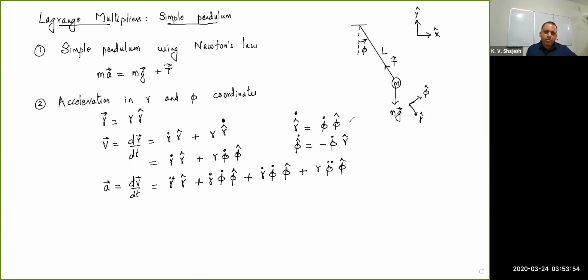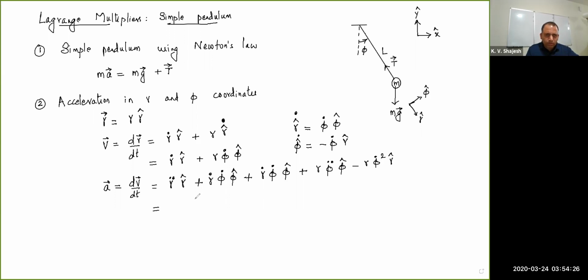I've not completely illustrated this, but I presume that you've come across this before somewhere else. That's minus r phi dot squared now, because there's a phi dot from here and there's already a phi dot there.